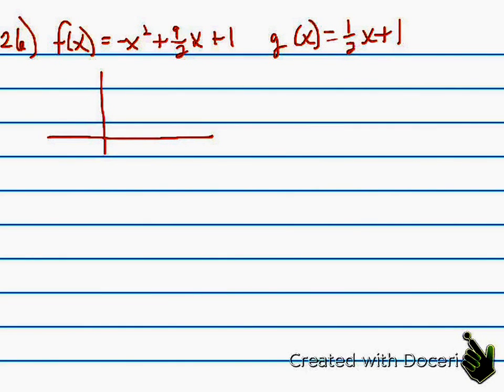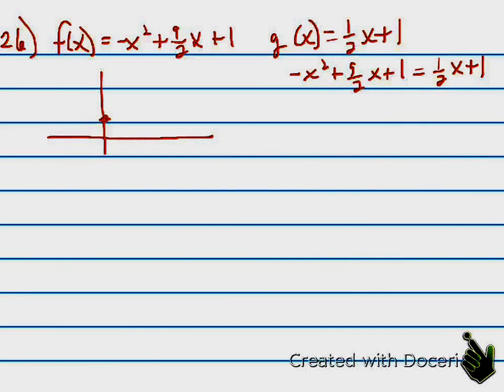And for this first parabola, I know that it goes through at 0, 1. I know the line goes through at 0, 1. I'm going to find where else these two functions are equal, by setting them equal to each other.